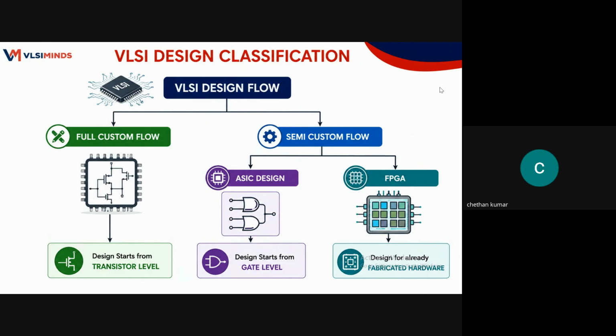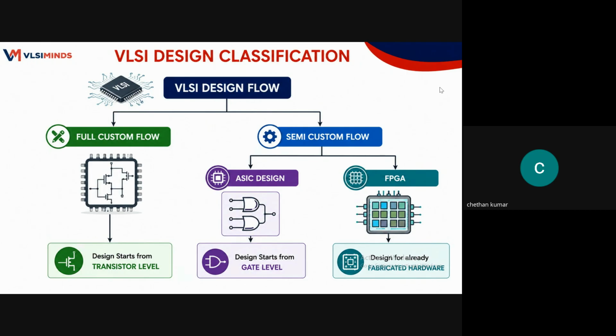In the ASIC design flow, we actually start from the gate level netlist, so we work at the gate level. Most, about 85%, of the companies in the VLSI industry go with the ASIC design flow, where we need mass production.